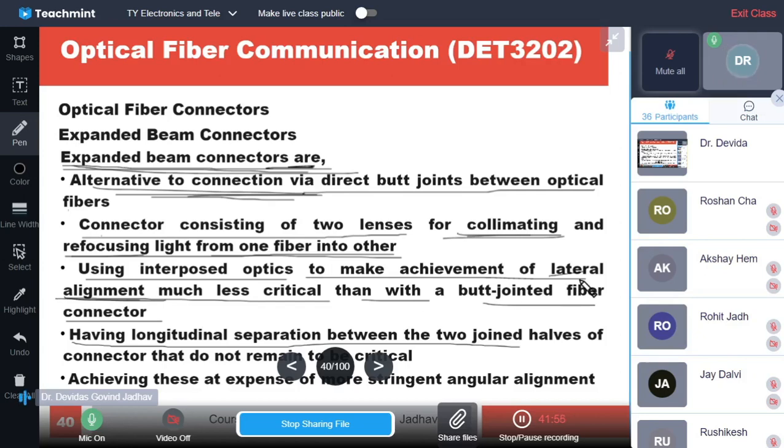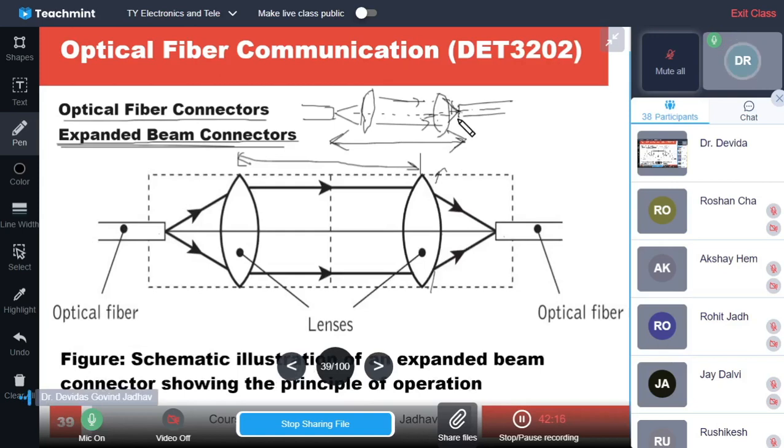Lateral alignment is not critical, and the longitudinal alignment is also not critical. Achieving these comes at the expense of more stringent angular alignment.